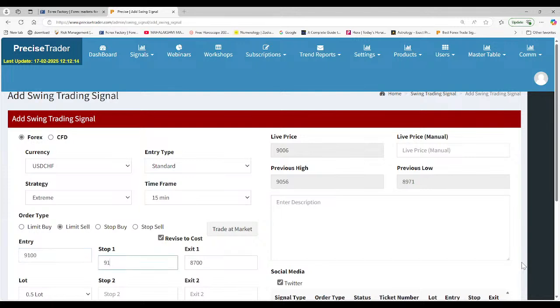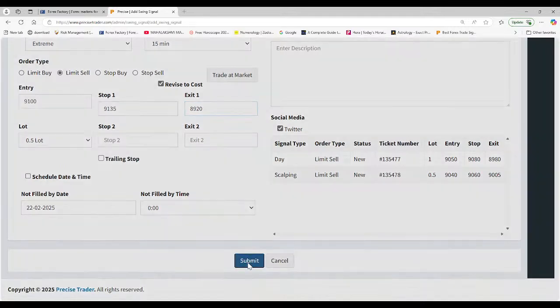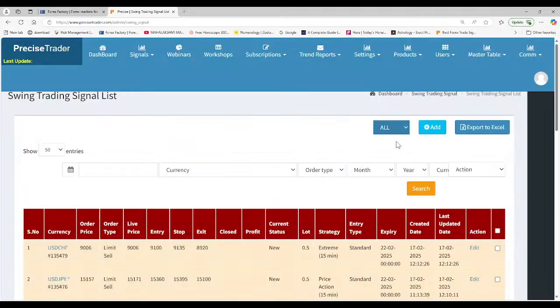Okay, stop at 91.35 and TP 89.80 or 89.20. Remember that 89.80 has to break if the price is to go lower.